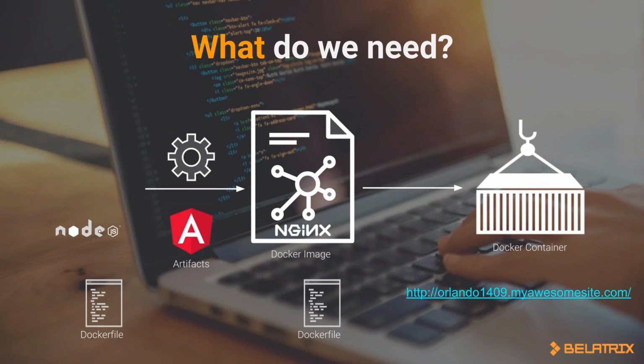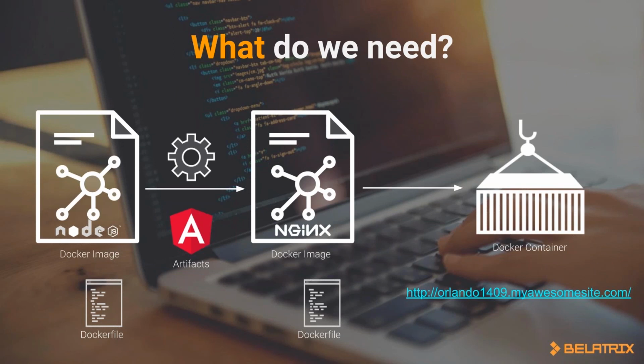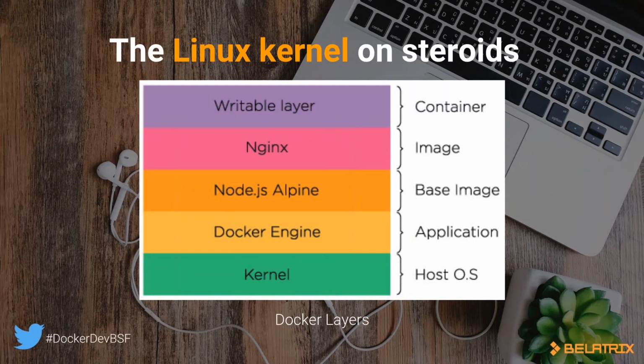So if you're a JavaScript programmer, think of the image like a class, and a Docker container is an object, which is the instance of the class. So a Docker image is a template, and a container is the instance of the template.